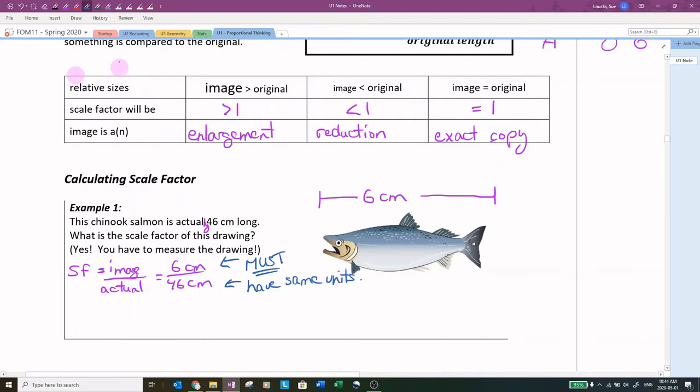Because what happens now is I get my calculator out and I go 6 divided by 46 and I get 0.13. And because the units were the same up top, the scale factor has no units. It's just a number, okay? So this has got a scale factor of 0.13, which means it's smaller than the original. It's a reduction from the original.